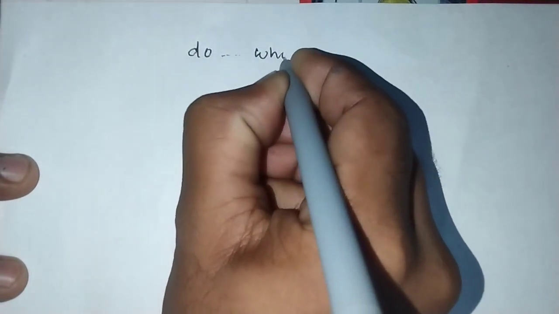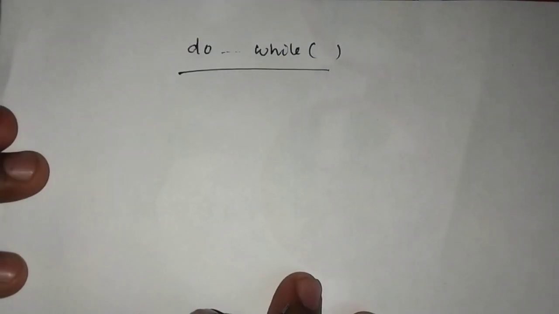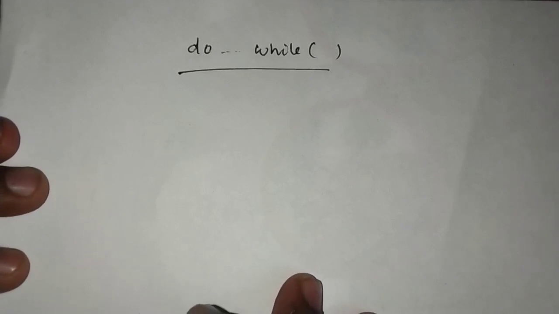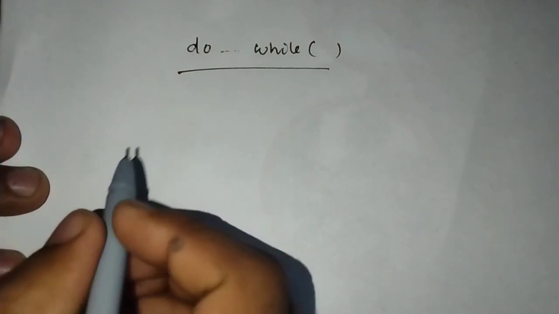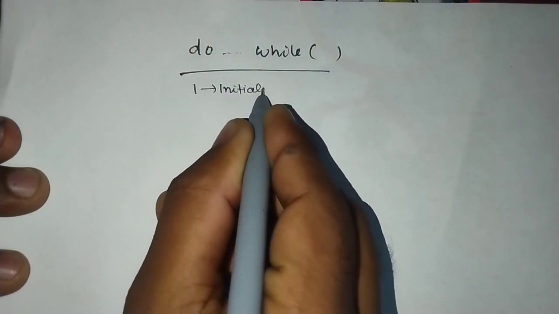Let's come to the third type of the loop, that is the do while loop. Do, then while. Okay. This is also a type of looping statement. In this, there are also three parts. First one is initialization.